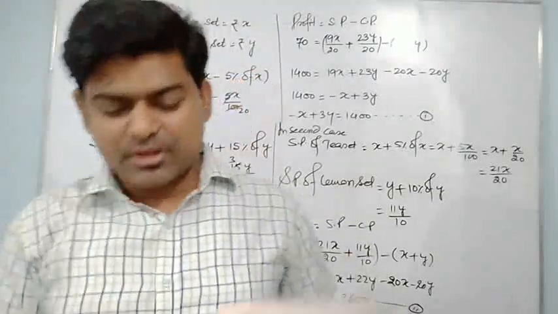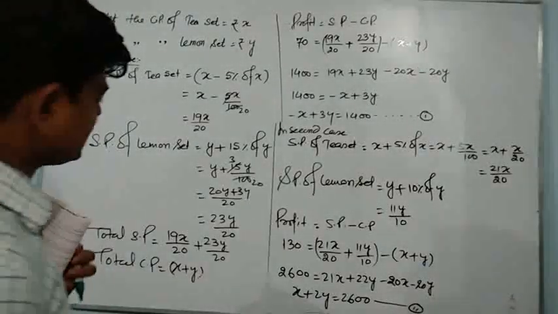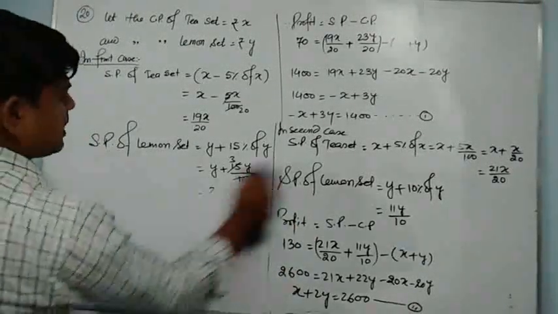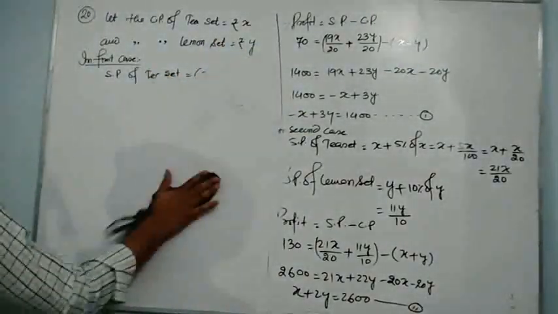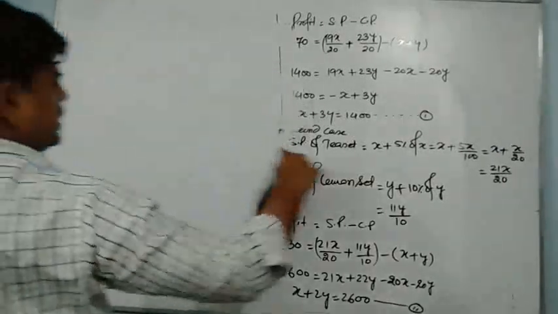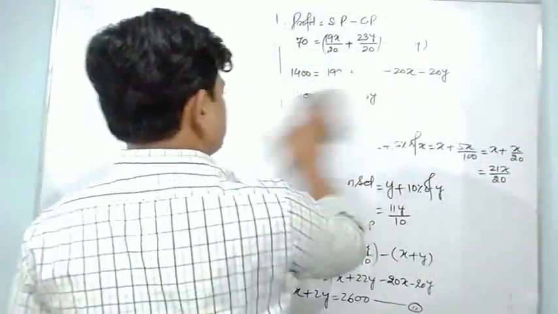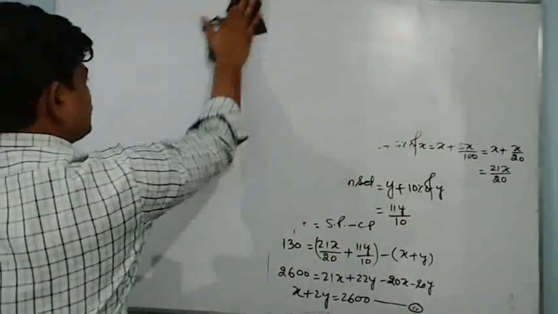Means whatever I am having, I am just trying to do it like that. Suppose with a rough diagram, I am just trying to do it for you people. There are two cases and I am taking the first case and second case. I am trying to explain all these things for you people, and okay, you will get it.